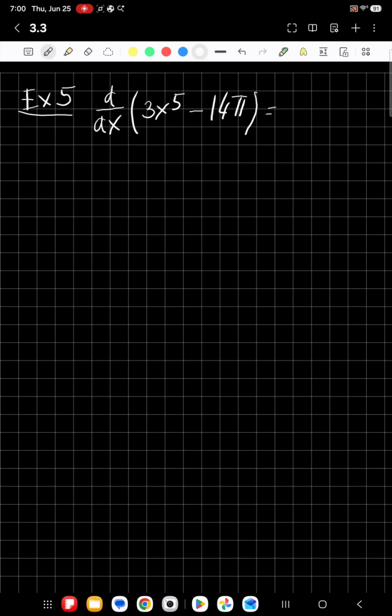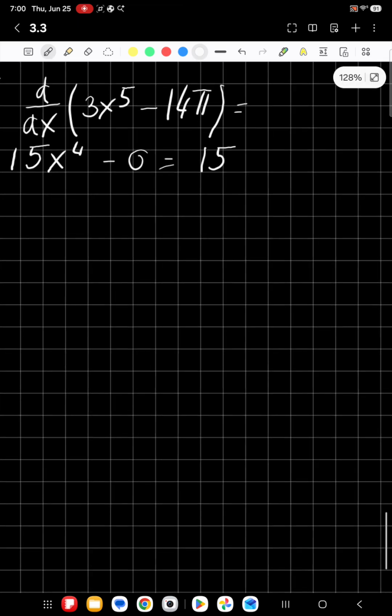So it's going to be 15x to the 4th. And now 14 pi is just a constant, so the derivative of a constant is 0. So the final answer is 15x to the 4th.